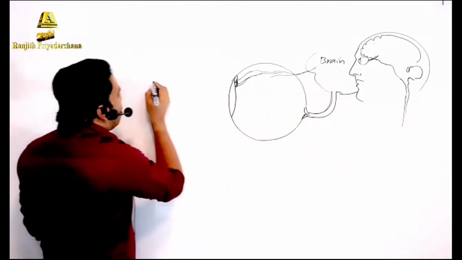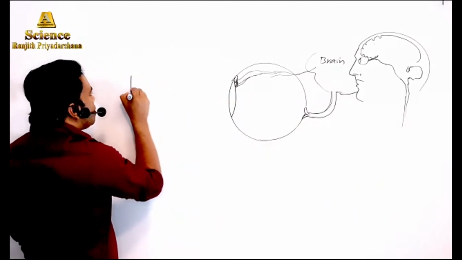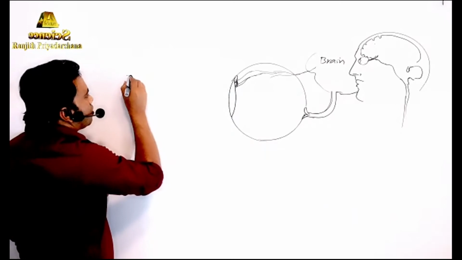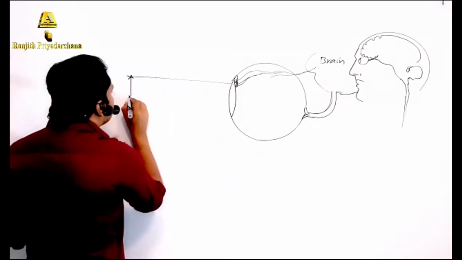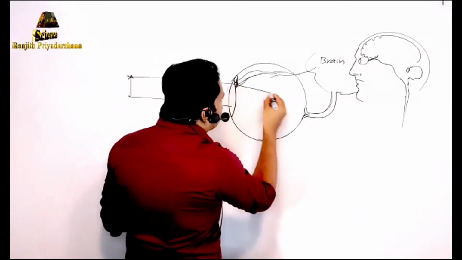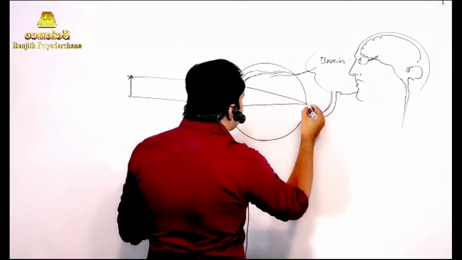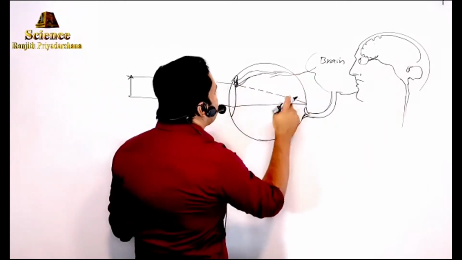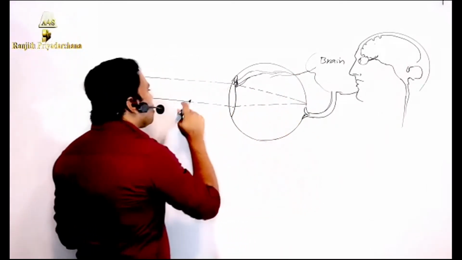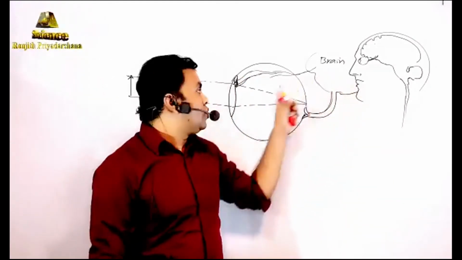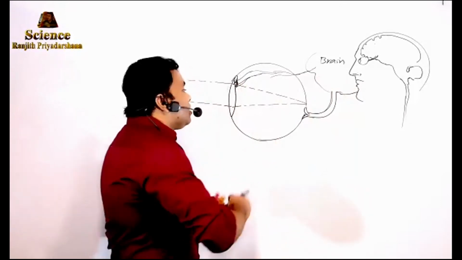Now this object is here. Now parallel light beam comes and it is focused clearly. Okay, that's good. Okay, another instance. When this happens, brain sends a small signal to the ciliary muscles.